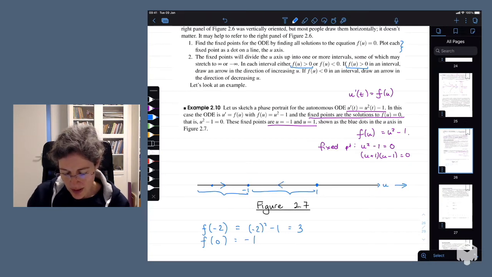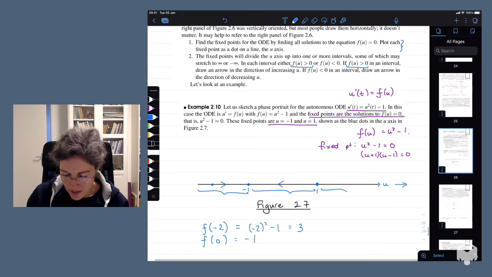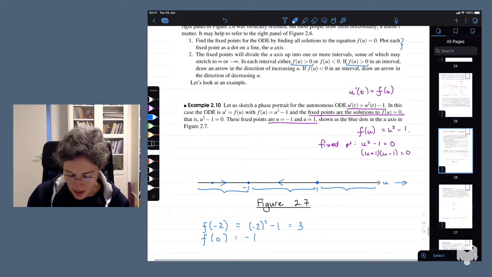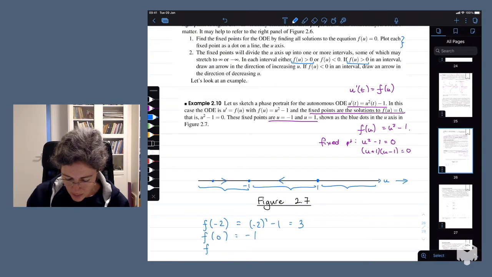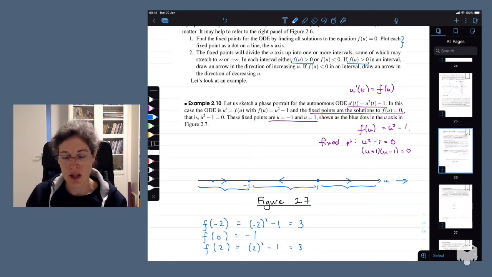Okay, so we're going in that direction. And then finally, in this region over here, let's pick, for example, f of 2. Then we've again got 4 minus 1, which is 3. So we will have an arrow like that.